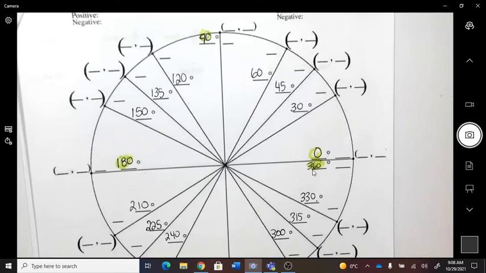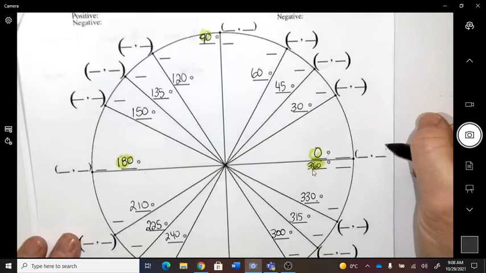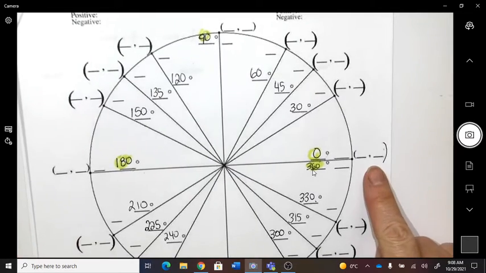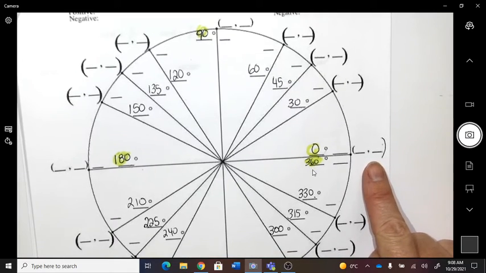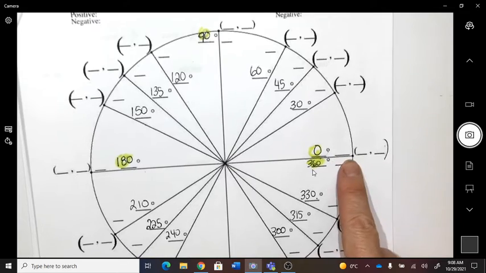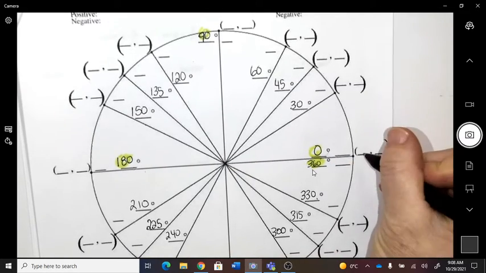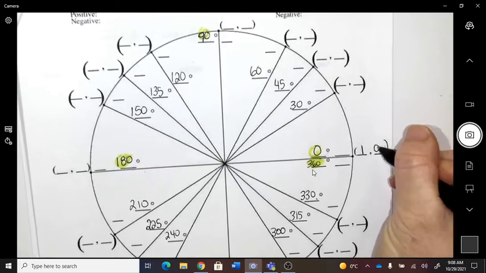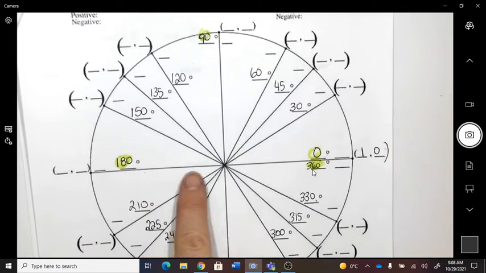Okay, think about your graphing sense. Could you figure out the coordinate over here? On a graph, if you were right 1 unit, would your coordinate be 1, 0? Does that make sense on a graph?